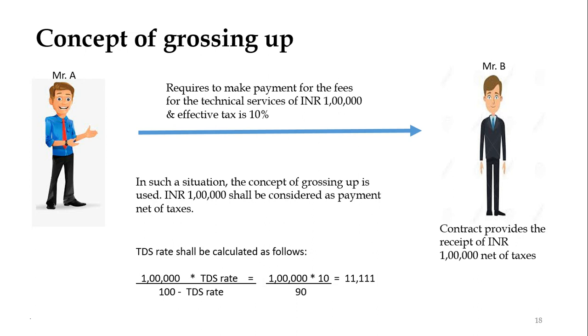When we divide 1 lakh rupees by 90%, we get the amount on which we are required to deduct the TDS. After that, we multiply that amount with the TDS rate, that is 10% in our case. So after calculating this, we get the TDS amount of INR 11,111 rupees. So I hope I am able to explain this concept to you.